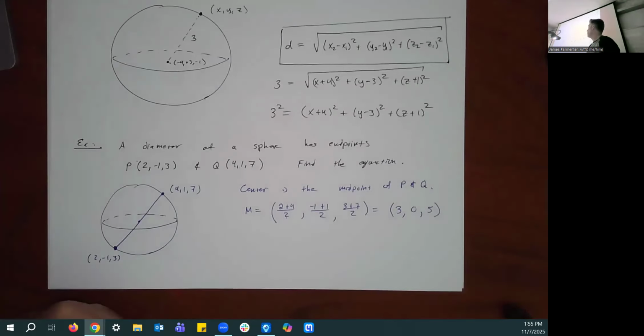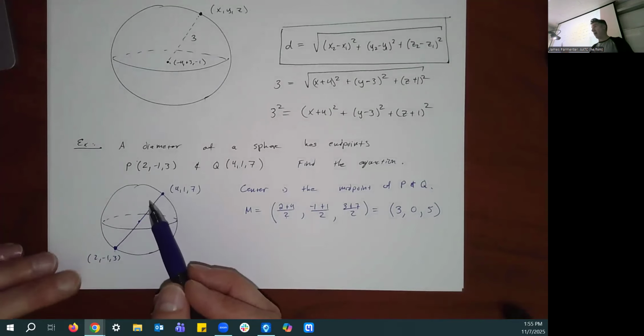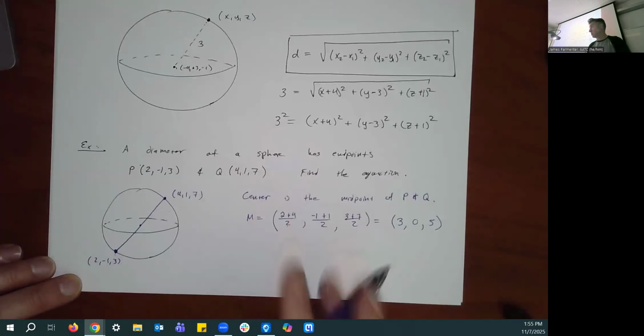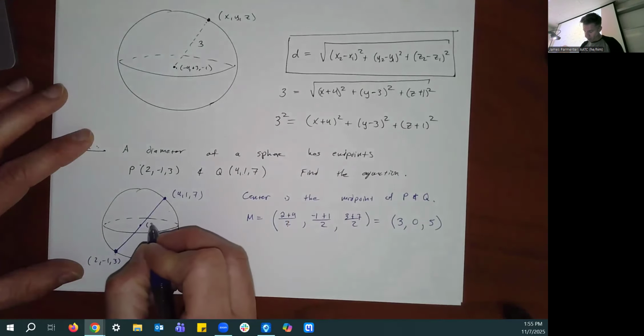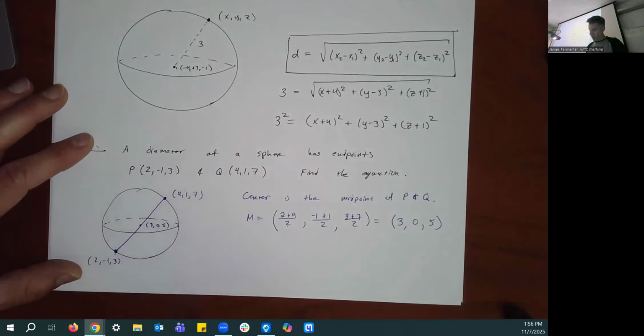The radius now, this is why it's good to do the center first, because instead of finding the distance between your 2 endpoints and then cutting it in half, you can just find your distance from your center to either one of these endpoints, which I think is usually less work to do. So our midpoint, our center is 3, 0, 5, and then let's find the distance between 3, 0, 5 and 4, 1, 7.